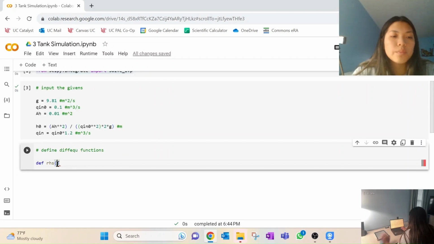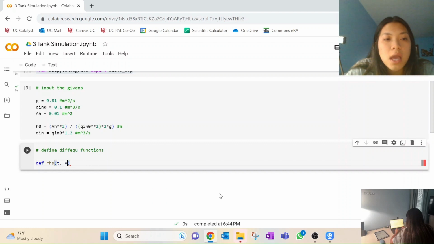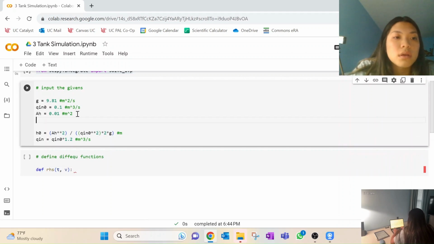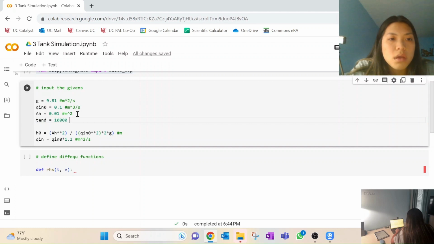The variables in here are the time, and that's what's getting inputted, and then what's getting outputted is the vector. And the vector is basically going to be the different fluid heights. So another given that we forgot to input is the time. We're going to run the simulation for, let's just say, 10,000 seconds.